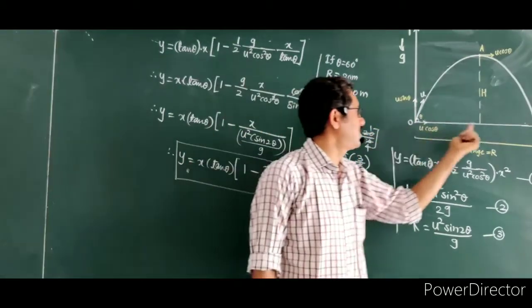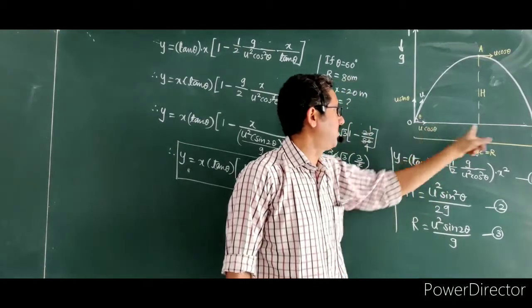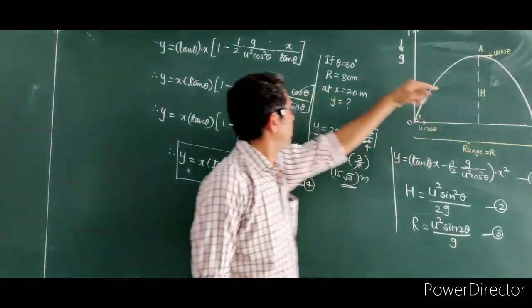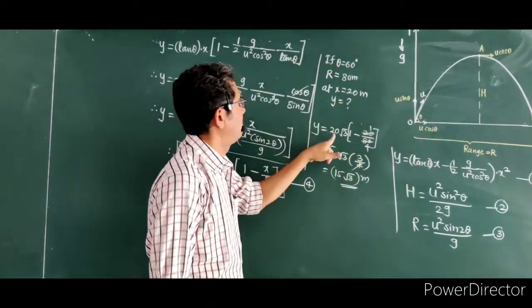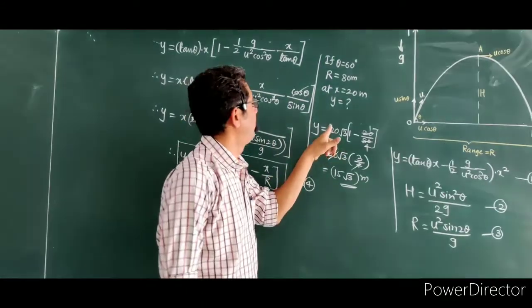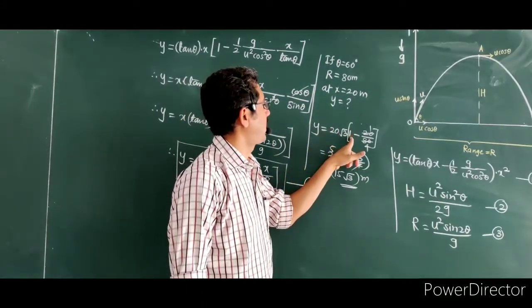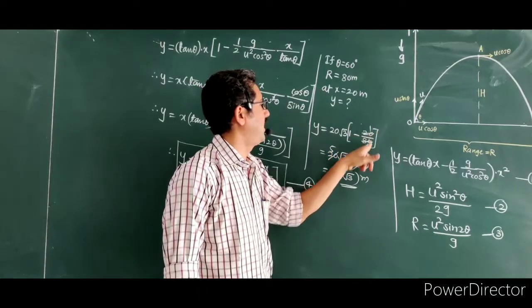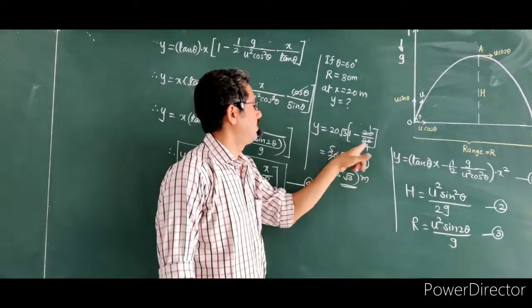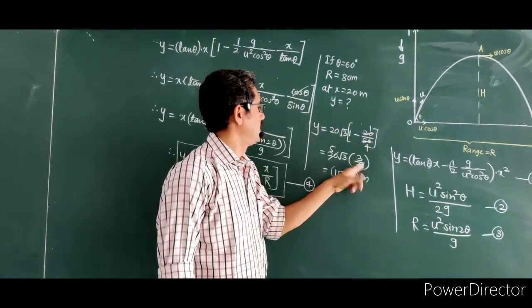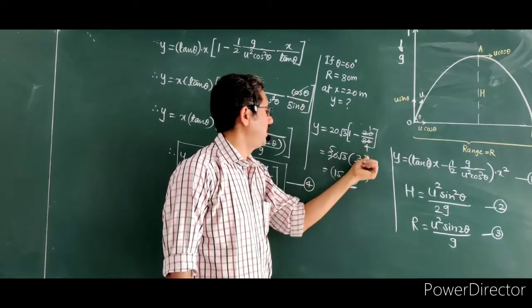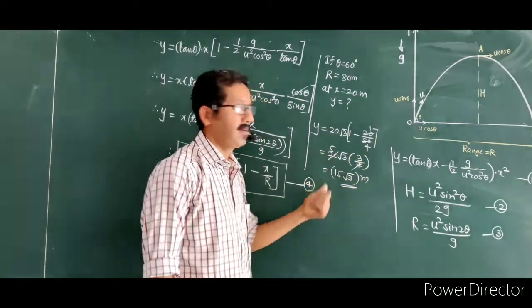What if this x was exactly in the middle, x value 40? I will have to put here 40. So it will be 40 root 3 into bracket 1 minus 40 by 80 is half. So 1 minus half is half. So 40 root 3 into half will give me 20 root 3.